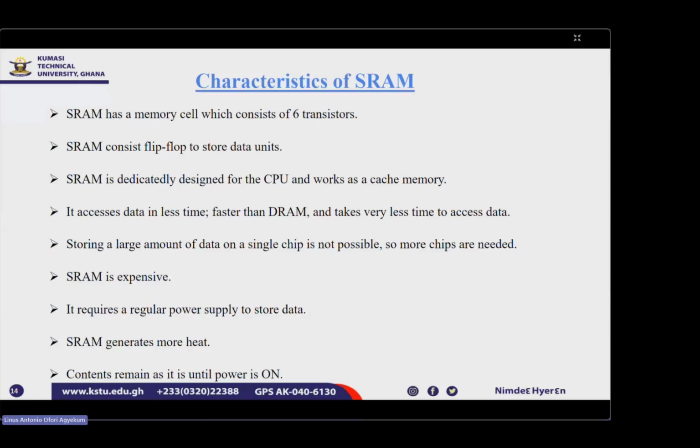In order to store data, it requires supply power, and because of this, it generates more heat. The contents of the SRAM would always be as they are as long as it is turned on. So these are the features of the SRAM.